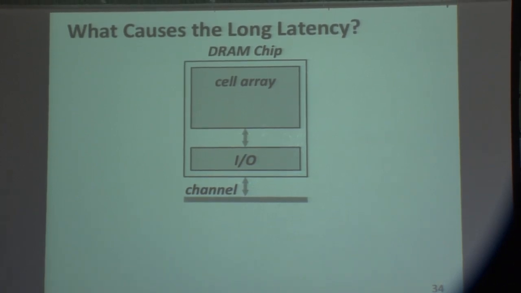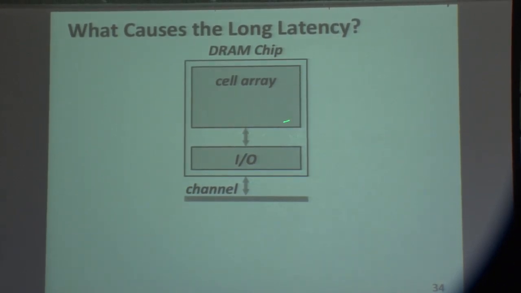So what causes this long latency? If you look at a DRAM chip, you can abstract it as a cell array and some I/O circuitry to move data from that cell array onto the channel. And the cell array, you know well by now, consists of subarrays, because you cannot have a huge array, and you cannot have the sense amplifiers sensing all of the cells, because that bit line becomes too long to drive and sense.